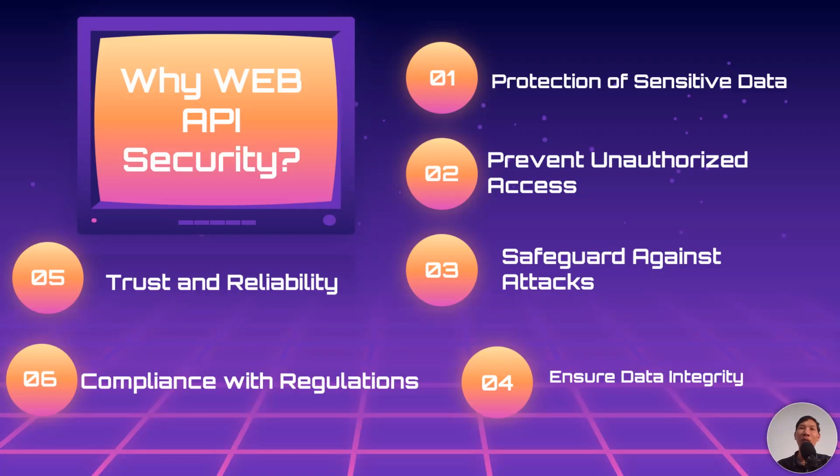Number two, prevent unauthorized access. We need to make sure that only authorized users or systems can access our APIs and our resources. Number three, safeguard against attacks.